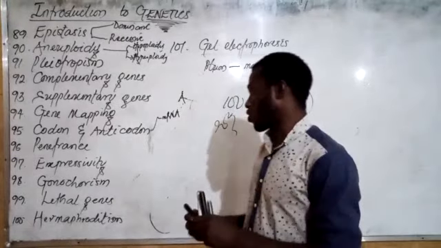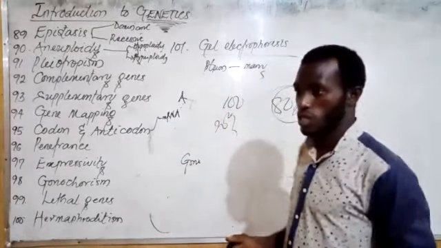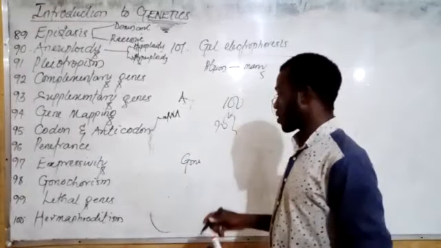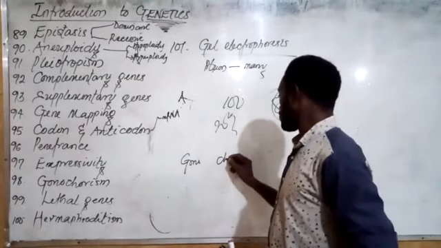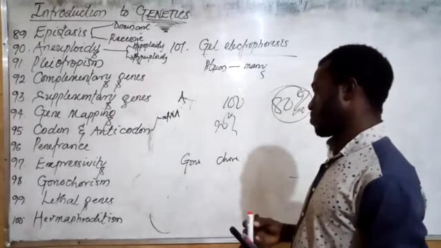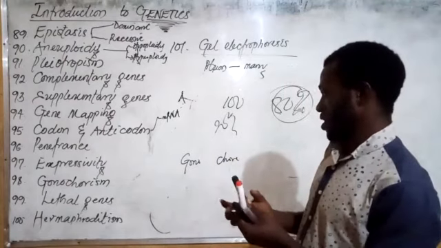Then gonochorism. Gonochorism, of course, we have from the Greek word gono, which refers to gonad, of course, the sex organ or sex reproductive system. Then choros is actually talking about possession, right?